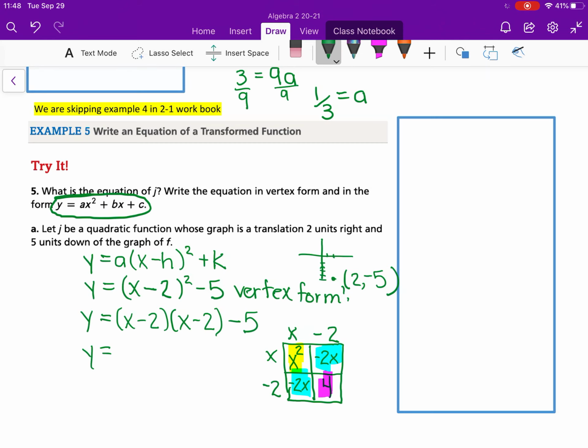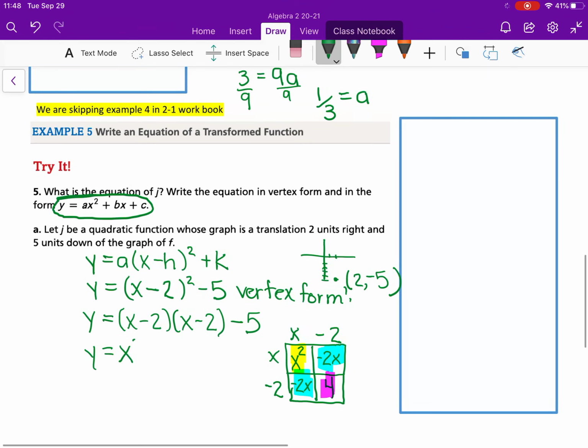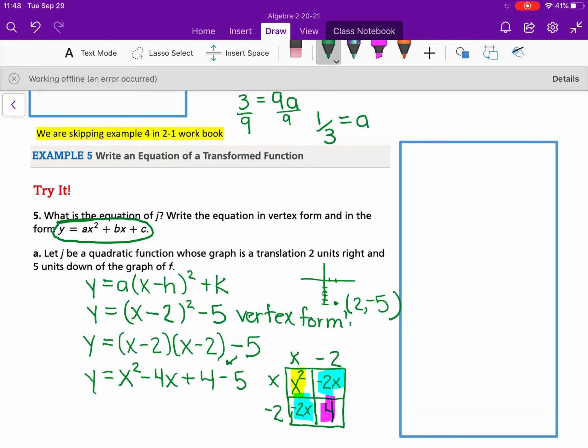These are like terms, so I'm going to combine them. And then this guy's on his own too. All right, so x squared minus 4x, because negative 2 minus 2 is negative 4. And then positive 4. And then don't forget this little minus 5 hanging out here.